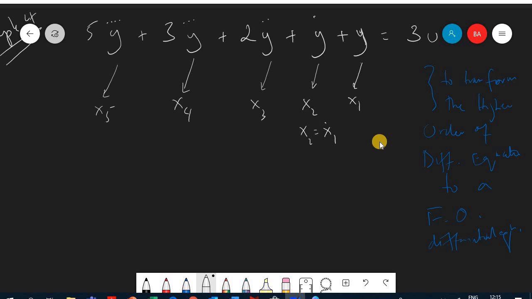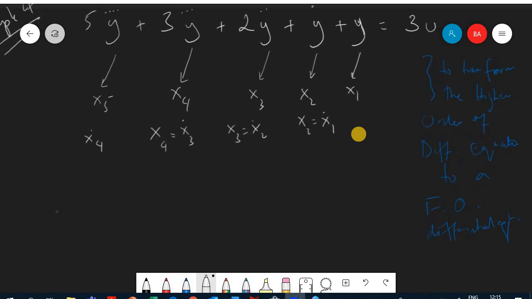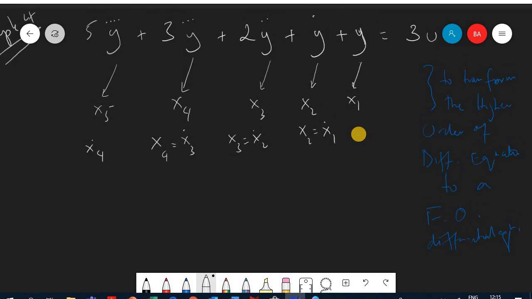And x3 is equal to x2 dot, because this y double dot is the differential of this y dot. You see how tricky that was? x4 is equal to x3 dot. And this one is already x4 dot, which is x5. Why are we doing this? Now we can see this as a single differential equation in all our terms.